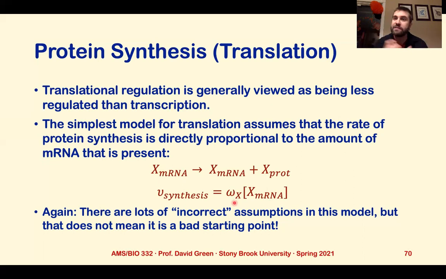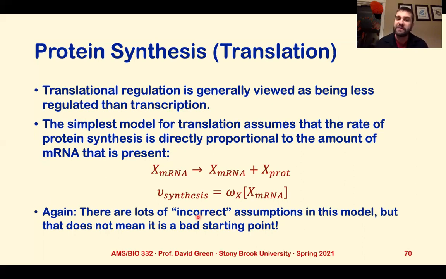These may be reasonable approximations when the amount of mRNA is fairly low. It will break down at some point. At very large mRNA concentrations, you might run out of ribosomes, you might run out of tRNAs, and those might become limiting and slow down the reaction. These, as well as the lack of translational regulation, are in some sense clearly incorrect assumptions.